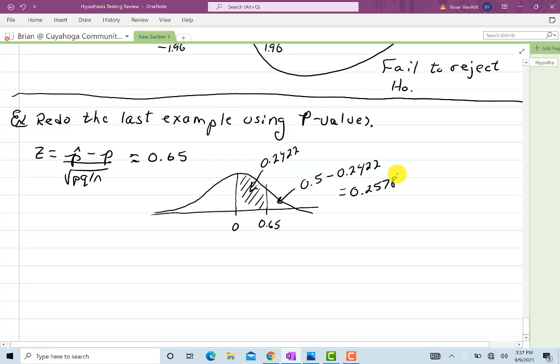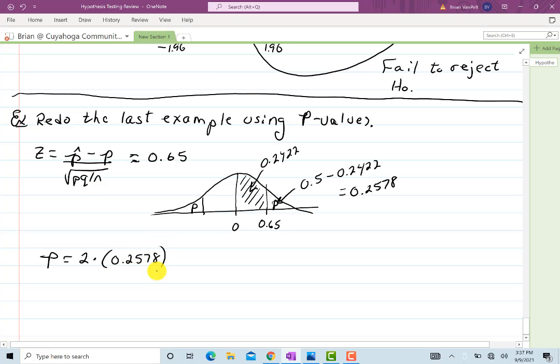Now, I made a mistake last time. I compared that particular p to alpha over 2, and that's perfectly okay, except the definition of p is the following. The p-value actually equals, in a two-tailed test, this part and this part. There's actually two pieces. Since they're the same size, though, I can simply do 2 times the 0.2578.